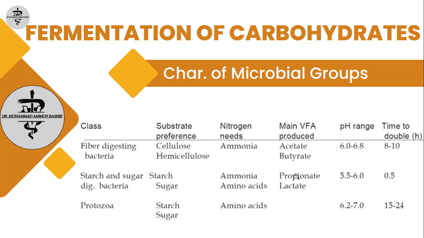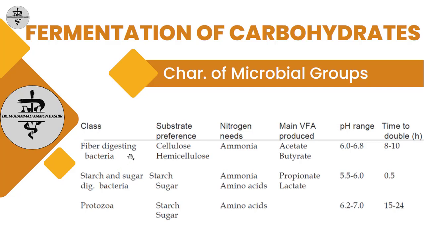Okay, let's discuss the characteristics of the microbial groups. Here are the three microbial groups discussed in this table: fiber digesting bacteria, starch digesting bacteria, and sugar digesting bacteria. In other words, we can categorize them as structural carbohydrate digesting bacteria or non-structural carbohydrate digesting bacteria.